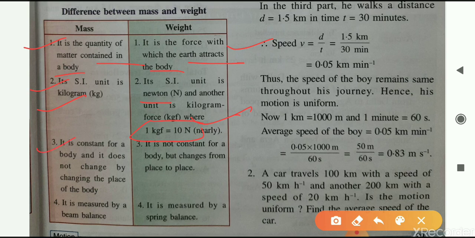Mass is constant for a body and does not change by changing the place of the body, and weight is not constant for a body, it changes from place to place. Mass is measured with the help of a beam balance, whereas weight is measured by a spring balance. So these are the differences between mass and weight.